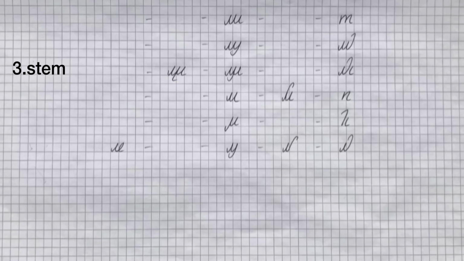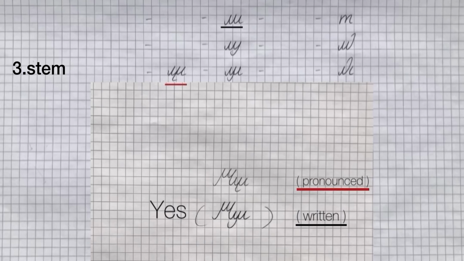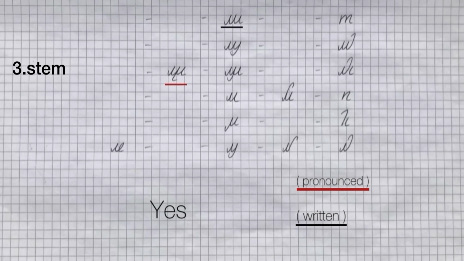For an example, this word here means yes. It is written with the letters a and e, but it will be pronounced as a and y. Which cases those are where you have to pronounce y instead of e, you have to learn while hearing the language.